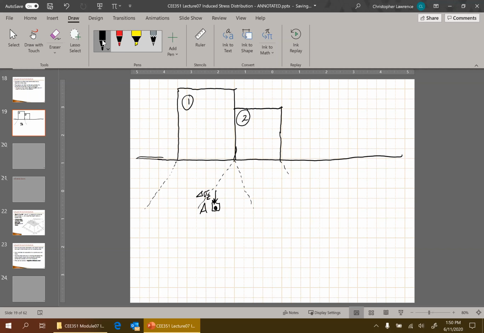And we can see right here now, point A is actually being influenced by both of these structures, each of which is creating this sort of bearing pressure, Q1 from structure 1, and maybe a little bit different, Q2 from structure 2. Both of them are influencing point A, and we have to simply consider the influence of both.